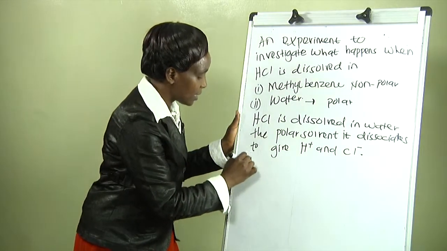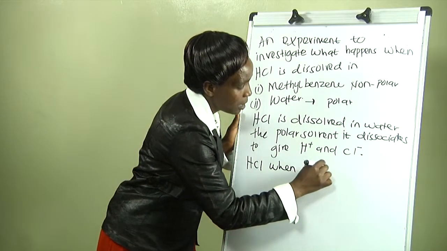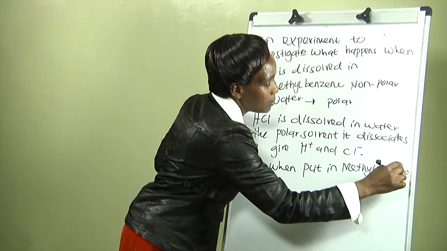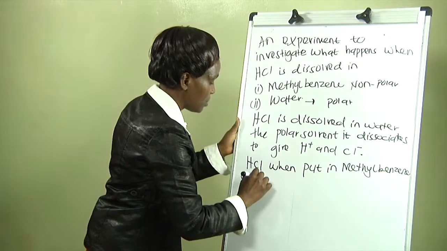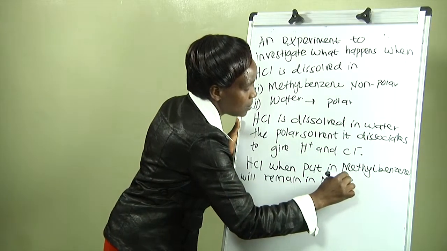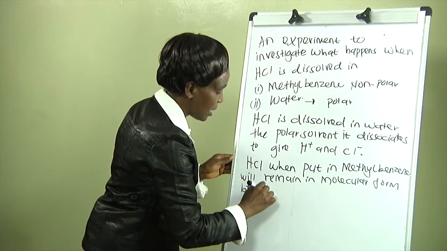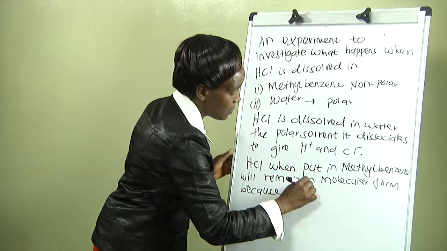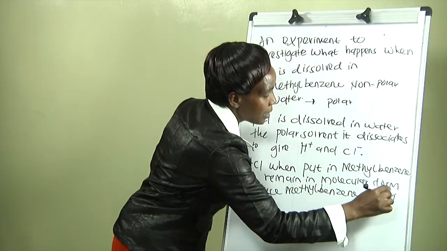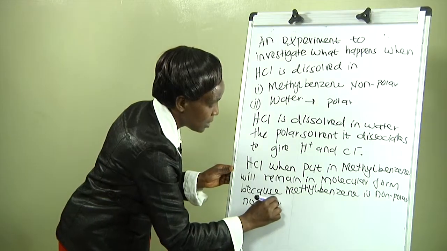The second case is that the HCl, when put in methyl benzene, will remain in molecular form because methyl benzene is non-polar, and therefore no ions will be formed.